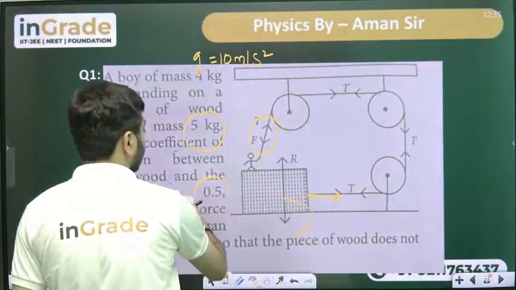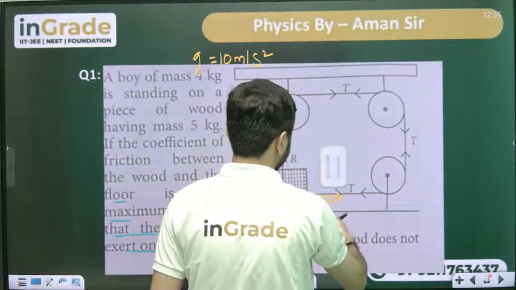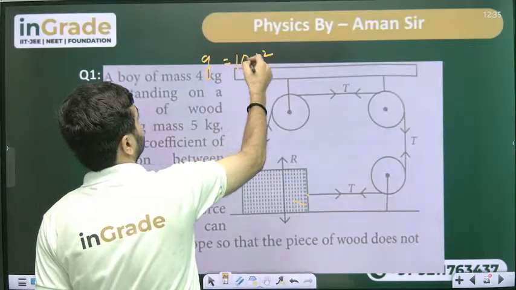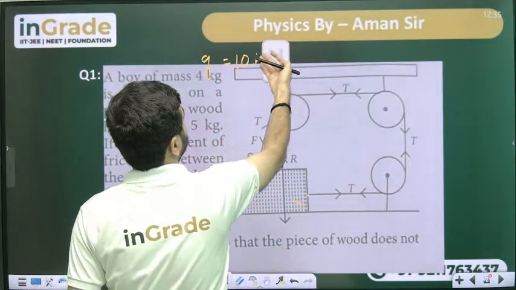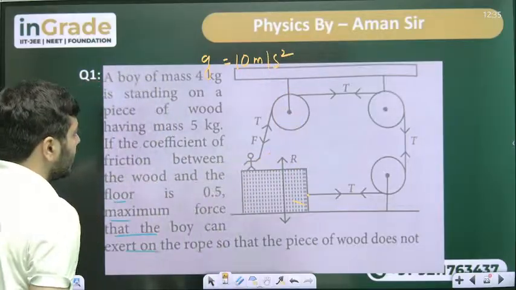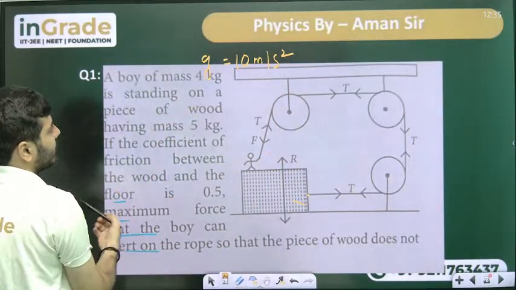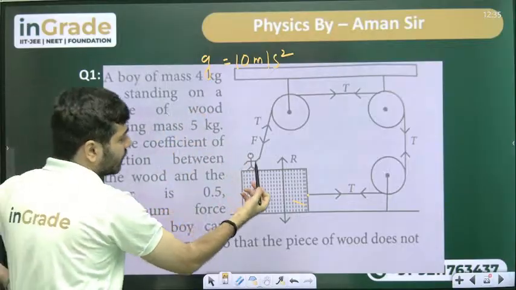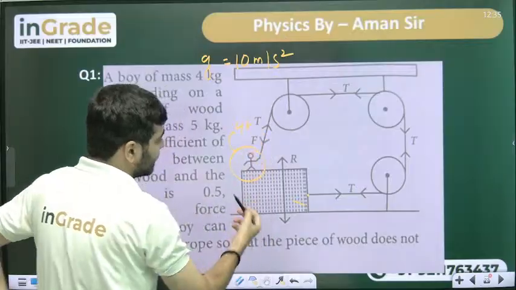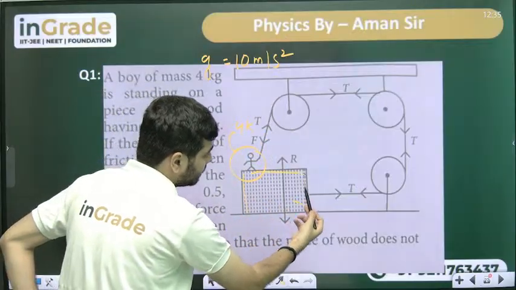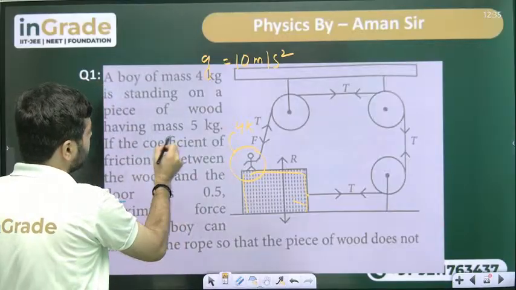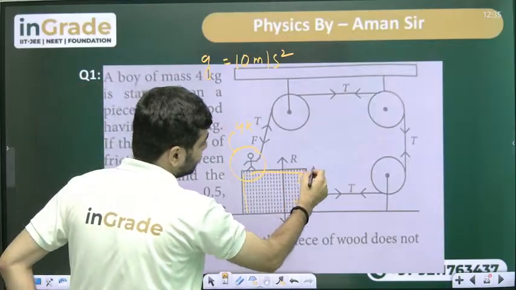Let's read the question again. G will be 10 meter per second square. Suppose a boy of mass 4 kg is standing on a piece of wood. The mass of the wood is 5 kg.